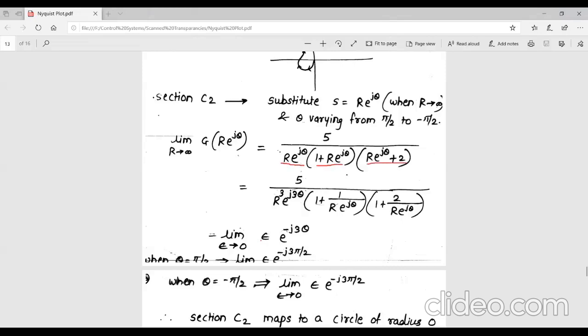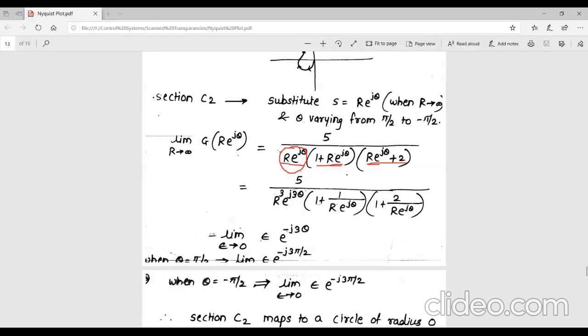Now, by taking R e raised to j theta common from these two brackets, we get R cube, because already there is this term and you keep on multiplying with these two terms. So we get R cube e raised to j 3 theta. We are converting it into the standard time constant format.